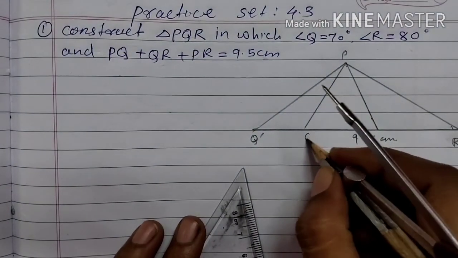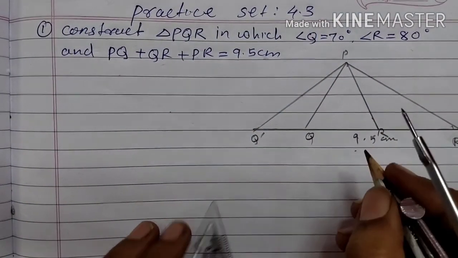The interior triangle is your required triangle PQR.